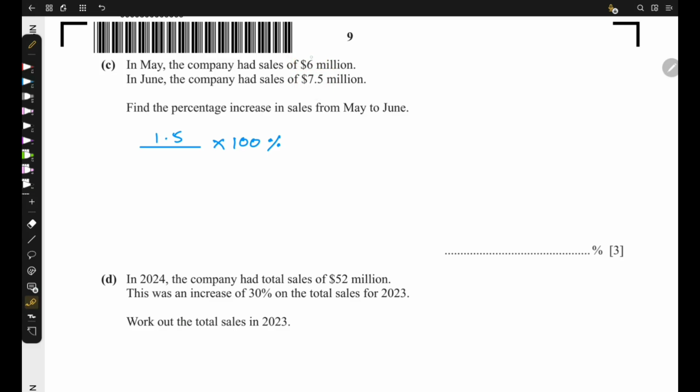And in the denominator, we have to write down the sales of May, because we have to find out the percentage increase from May to June. We will write down 6 over here. Now if we solve it, we'll get 25%. This is our answer. So it means we get a 25% increase in sales from May to June.